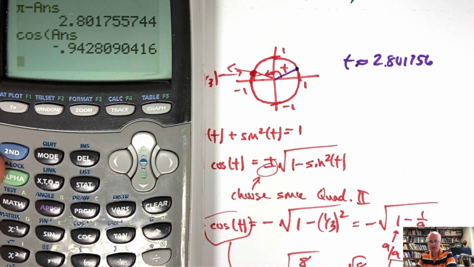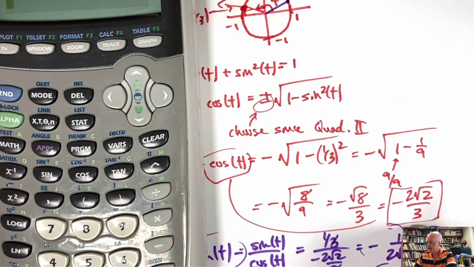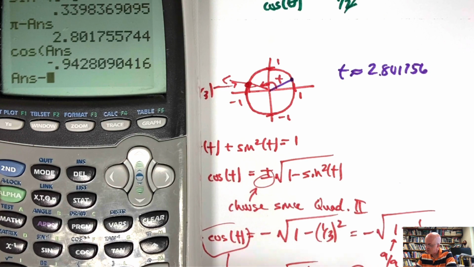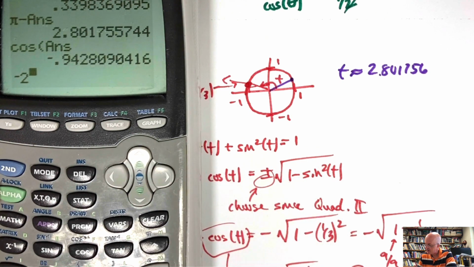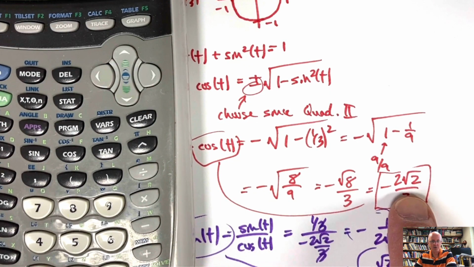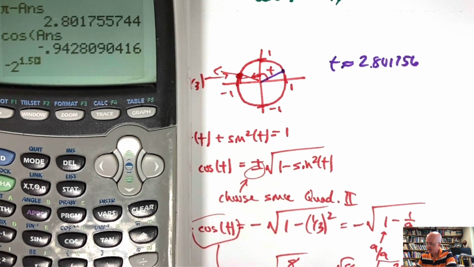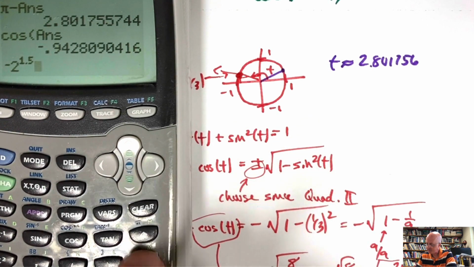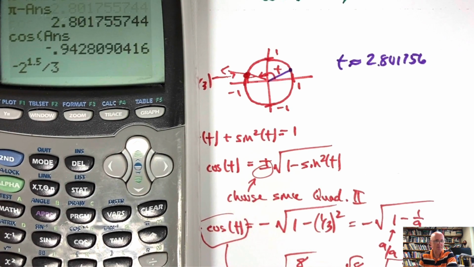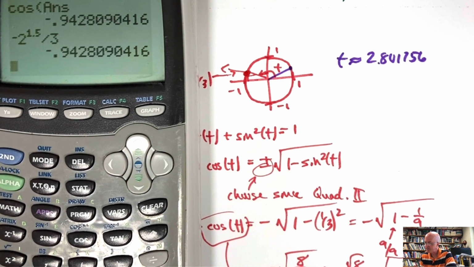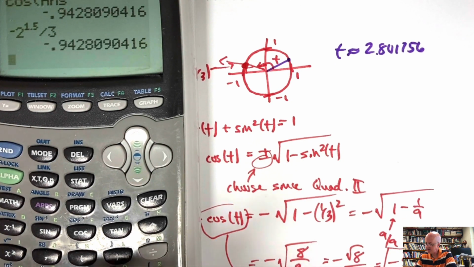If I go ahead and evaluate this on my calculator, negative 2 to the 1.5 power, 2 times root 2 is 2 to the 3/2, or 1.5 power, and then divide by 3, that should be the same number. And it is. Okay, so we confirmed the cosine of t.